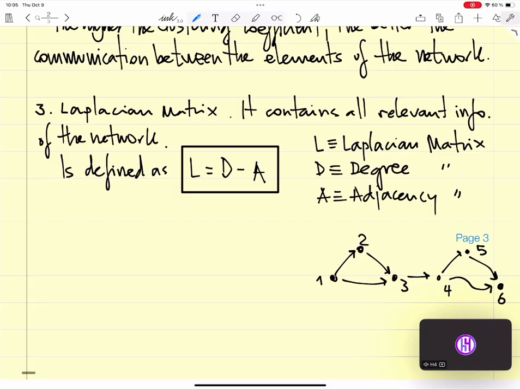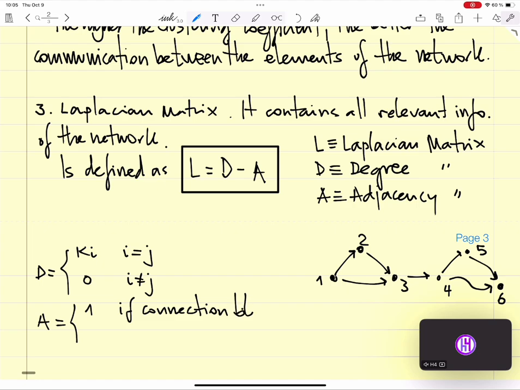The degree matrix is defined as the number of neighbors of each node on the diagonal and 0 off the diagonal, and the adjacency matrix is defined as 1 if there is a connection between i and j and 0 otherwise.